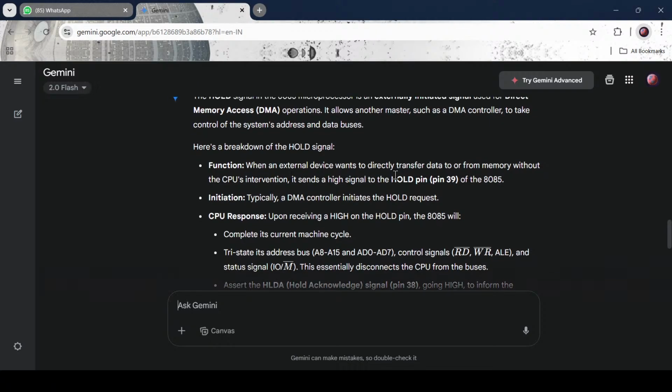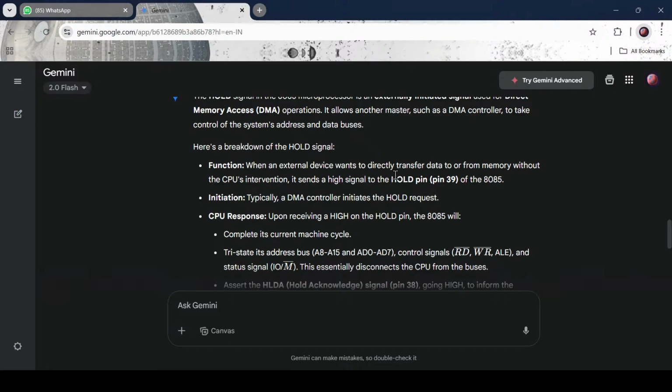This is when an external device wants to directly transfer data to or from the memory without the CPU's intervention. Like James Bond, without the CPU's intervention, it will give the data and take the data. It is on pin number 39. Let's see our pin diagram.